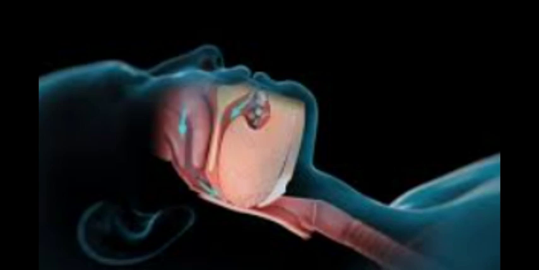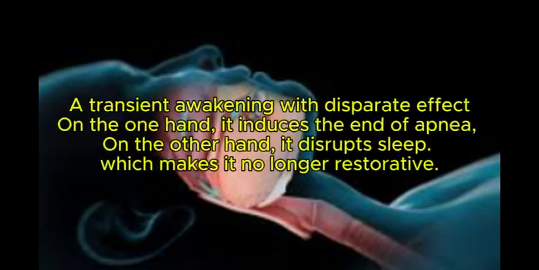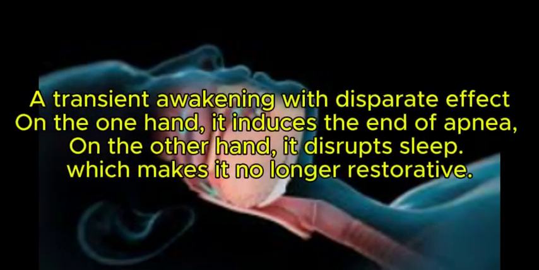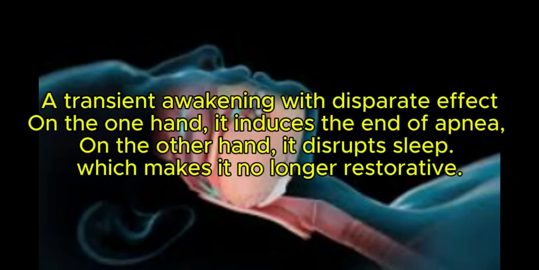This transient awakening has a disparate effect. On the one hand, it is beneficial since it induces the end of the apnea, and on the other hand, it is deleterious because it fragments the sleep, making it no longer restorative.